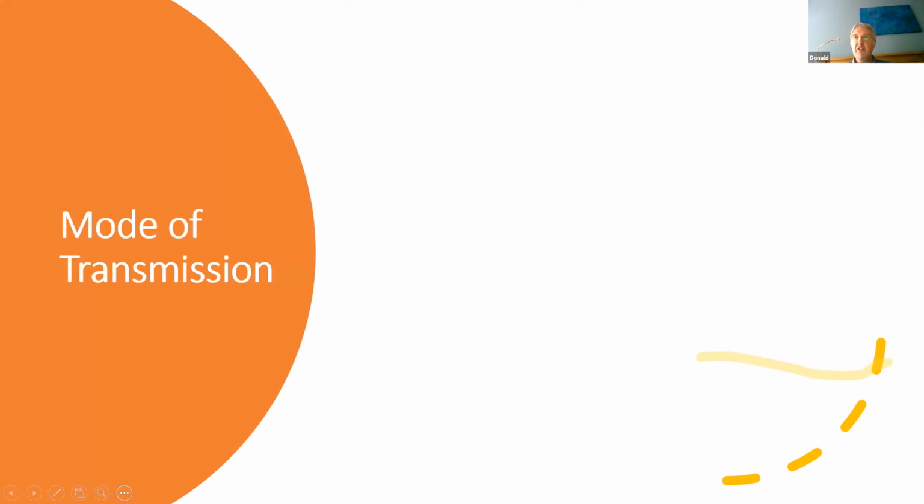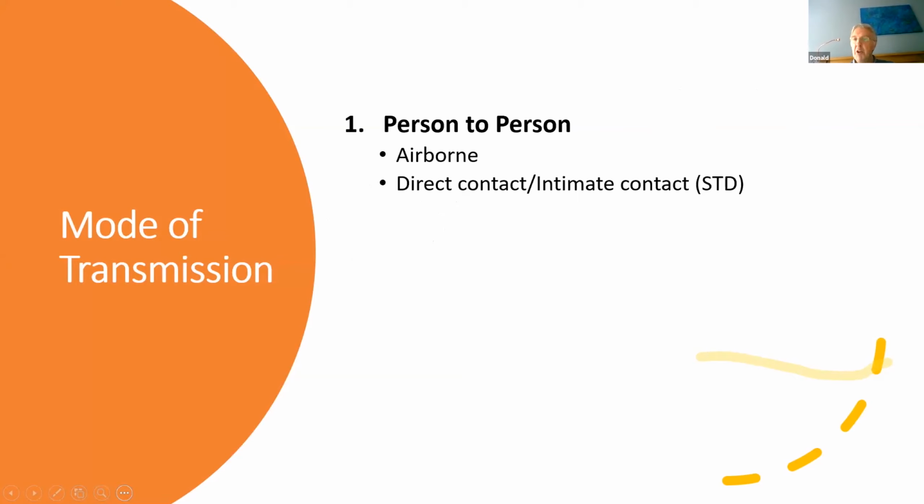If there's a disease, ask, how does it move? Where does it come from? And how does it get in? And there are 3 basic ways that an infectious disease can move. Person to person. And there are 2 subdivisions. One is airborne, and one is by direct contact or intimate contact, like sexually transmitted diseases.